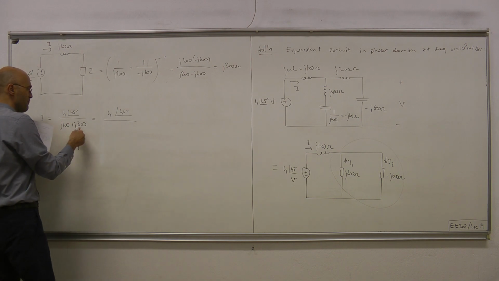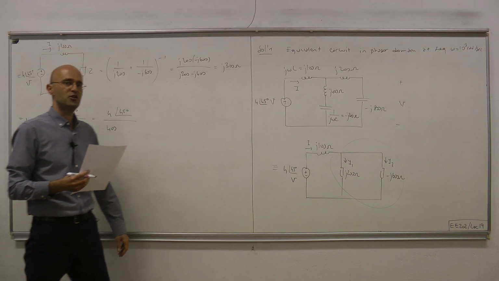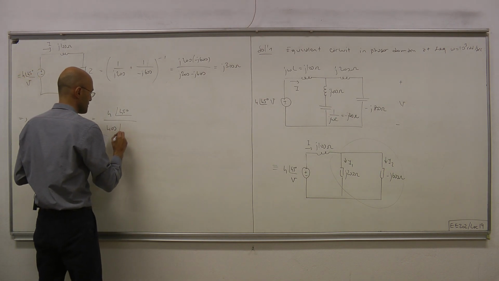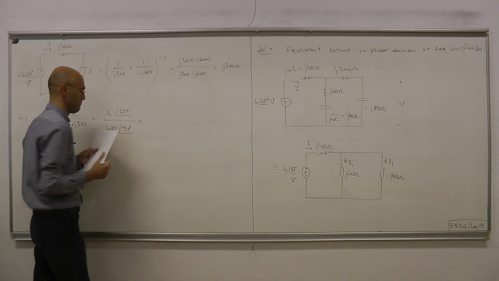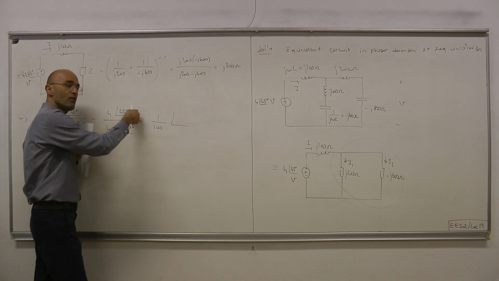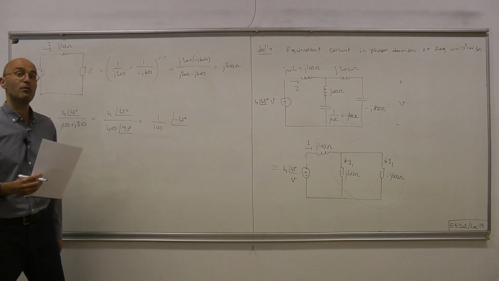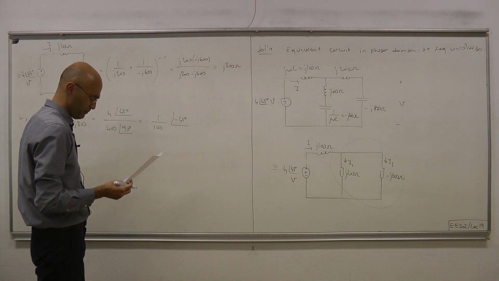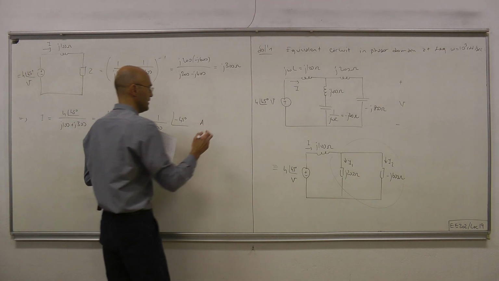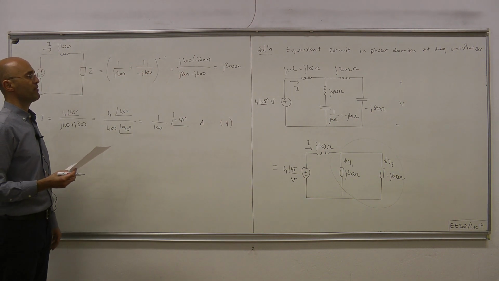So this is J400, so the magnitude is 400. It's multiplied by J, therefore its phase is 90 degrees, or pi over 2 radians. And this yields 1 over 100 with phase 45 minus 90 degrees, so minus 45 degrees, or minus pi over 4 radians. What's the unit? The unit is amps, just like in time domain.